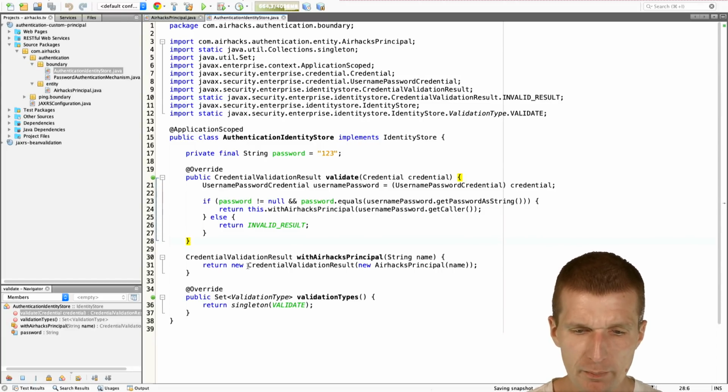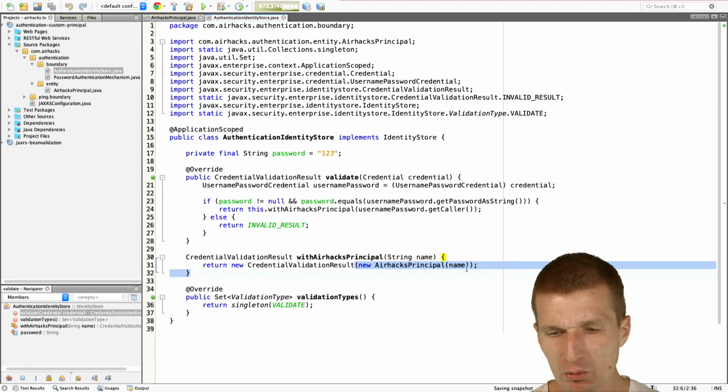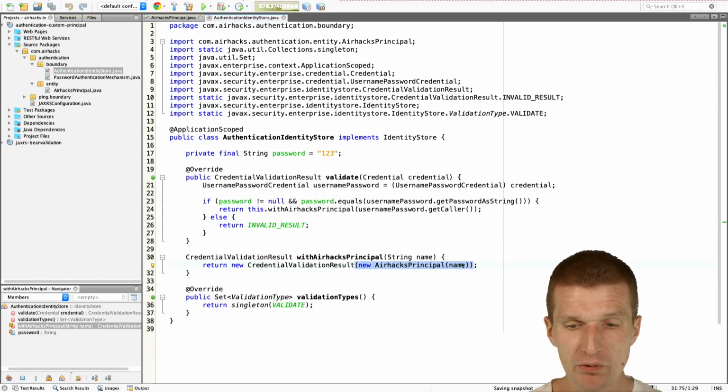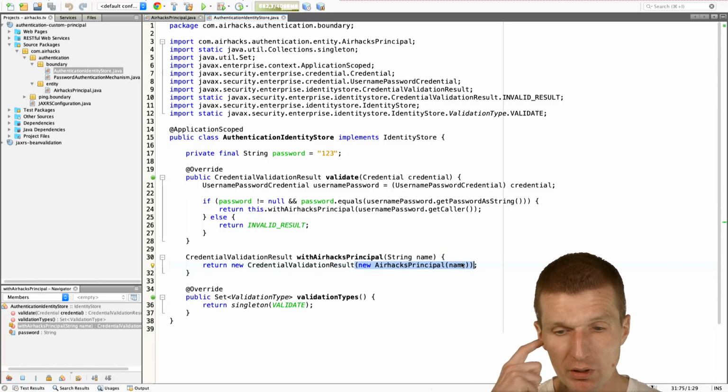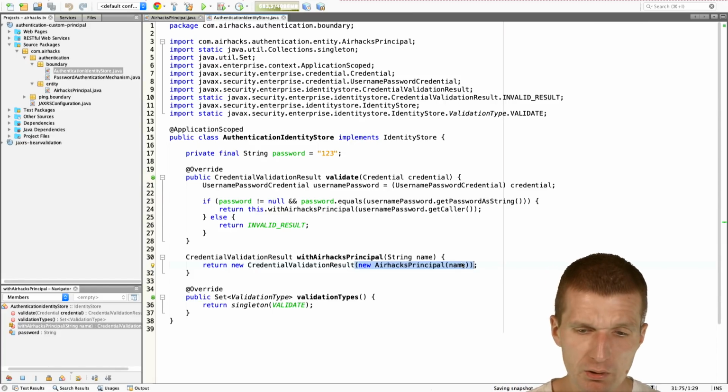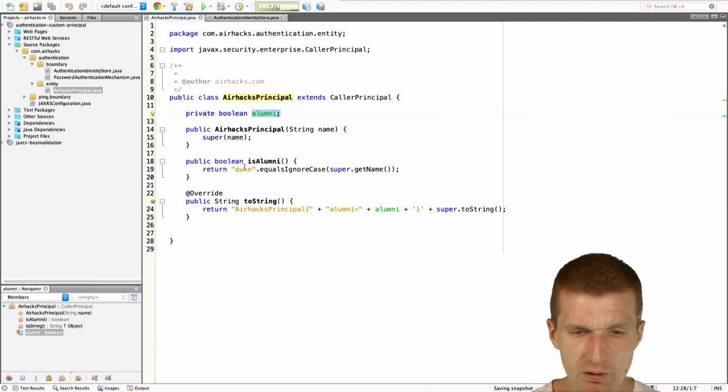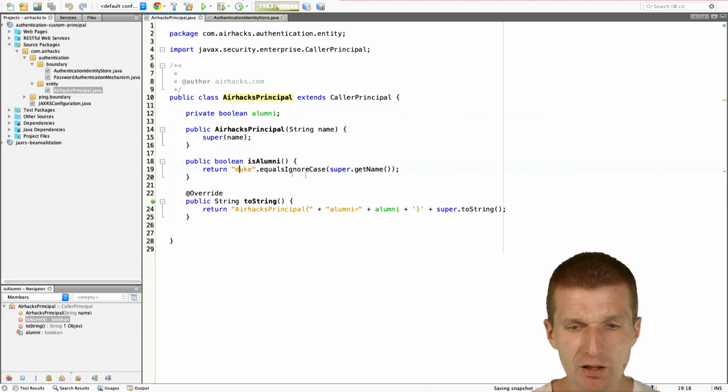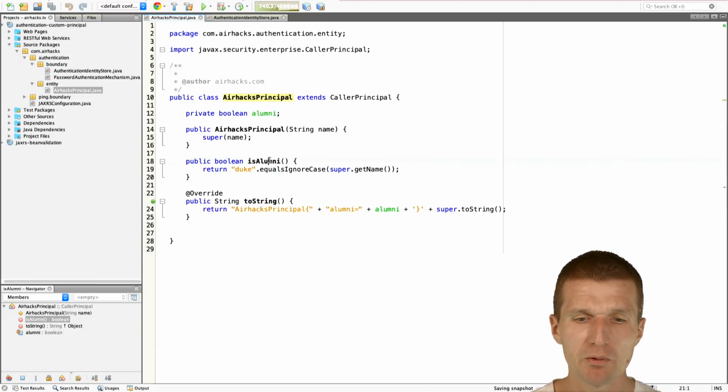So I implemented here a CredentialValidationResult, and one of the constructor parameters can be a principal with the name, or name is mandatory. And in my particular case, I have the AHEX principal, and if Duke is alumni and all others are not alumni, so I even have a computed attribute here.